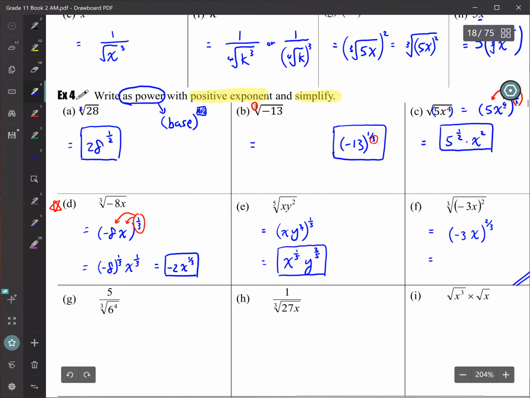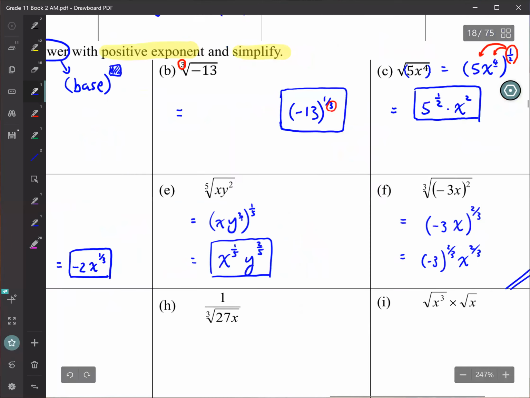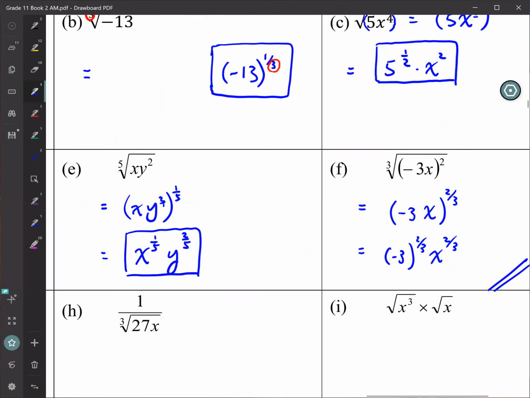What should we do now, Colin? I just expanded it inside. Yeah, so bracket -3 to the power of 2/3, and then x to the power of 2/3. Very good. And the 3 in the denominator means cube root, but I cannot cube root a -3.